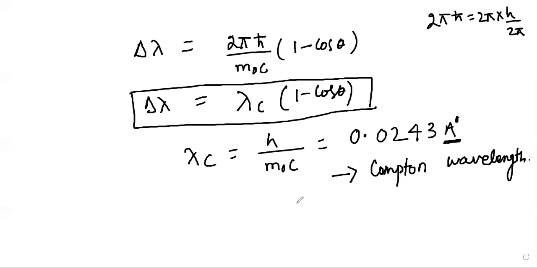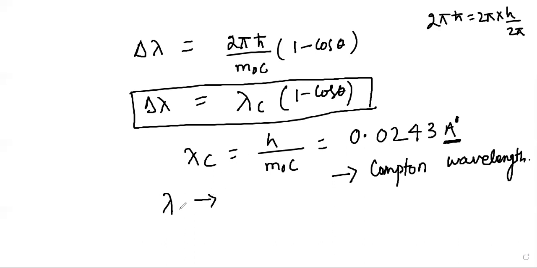So what do we mean by this? We define the Compton wavelength lambda to be the wavelength of radiation whose photon energy is equal to the rest energy of the electron.